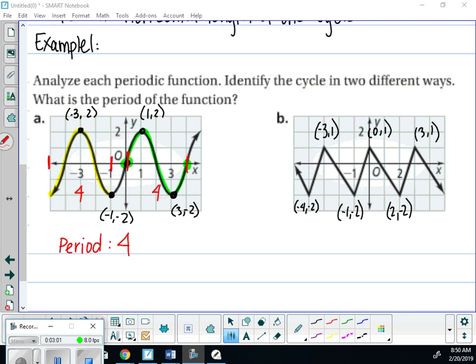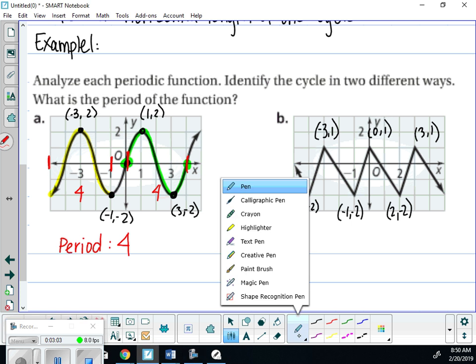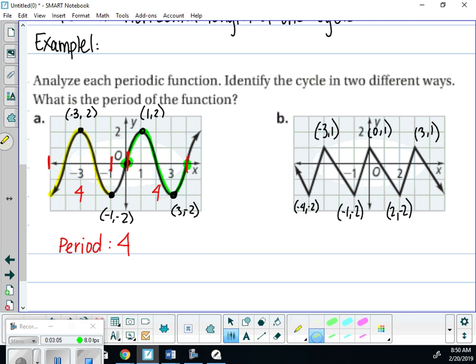If we look at B, there are numerous ways that you can do this. You could start from the bottom and come back to the bottom. You could start at where it hits 0. Our graph goes down, up, down, up.